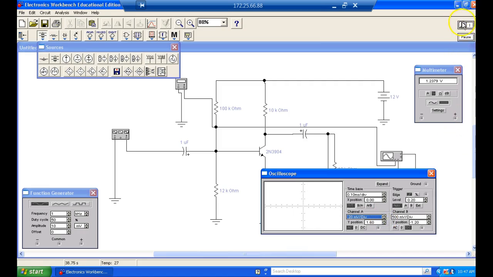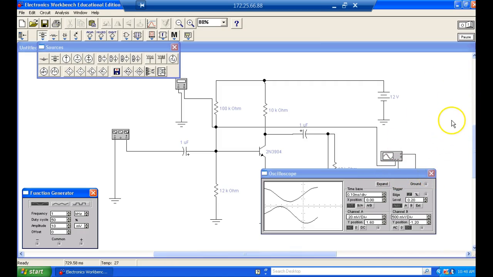What I'll do is turn off the simulation and try to grab it. 20 millivolts per division. Yeah, so it looks like it's about 40 millivolts. So this guy right over here is not near as right what it needs to be.